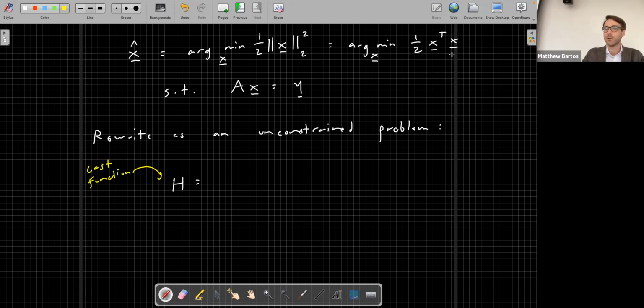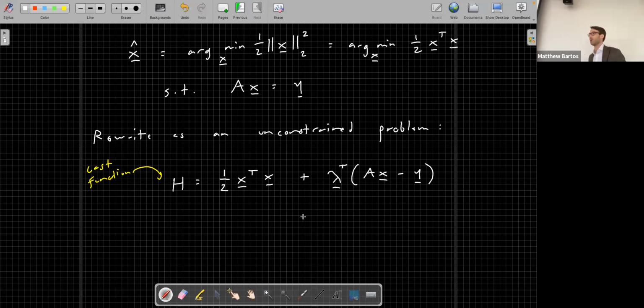We're going to take our original cost function, 1/2 x transpose x, and add a penalty term, which will be equal to lambda transpose, our vector of Lagrange multipliers lambda, multiplied by Ax minus y. Okay, so we're penalizing deviations from Ax equal to y, essentially.